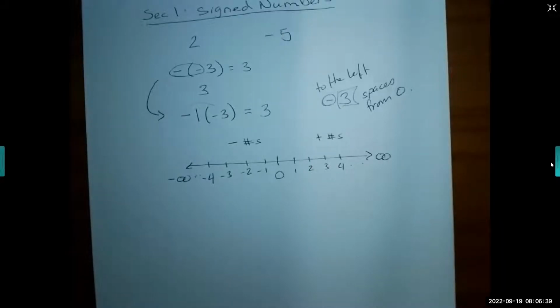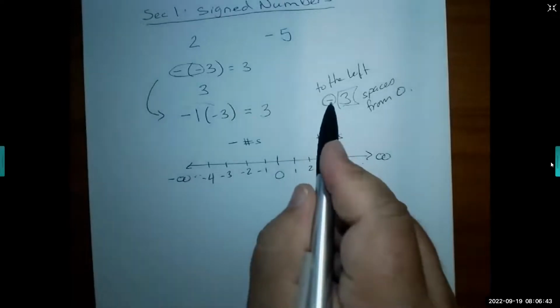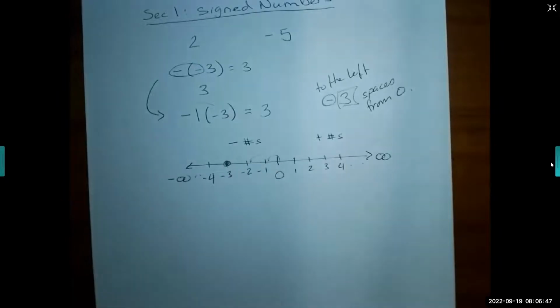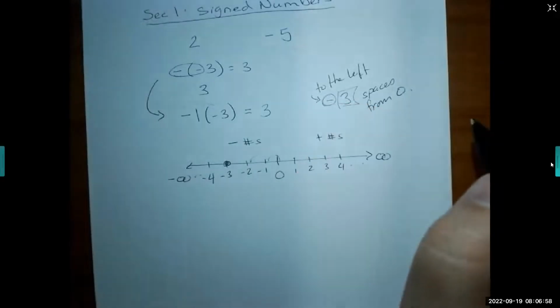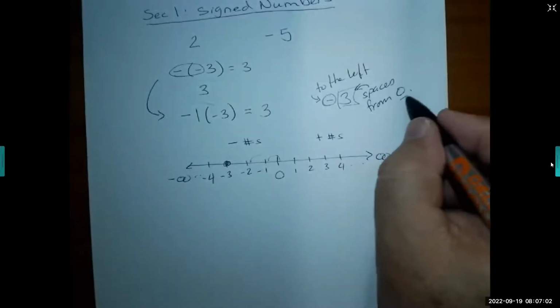It's neither positive nor negative. So if we begin at 0, it says go to the left 3 spaces, 1, 2, 3. And there's our number. The negative sign means to the left. The number tells you how many spaces from 0.